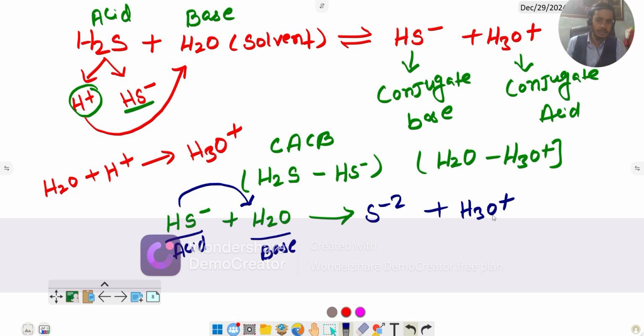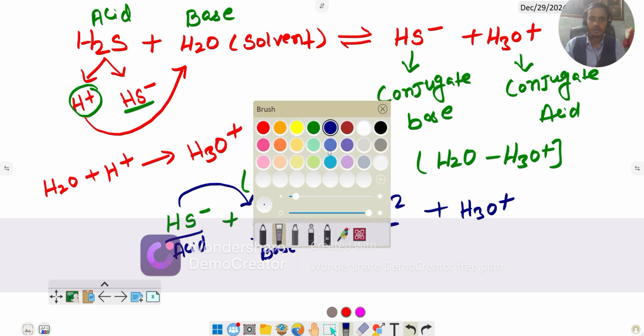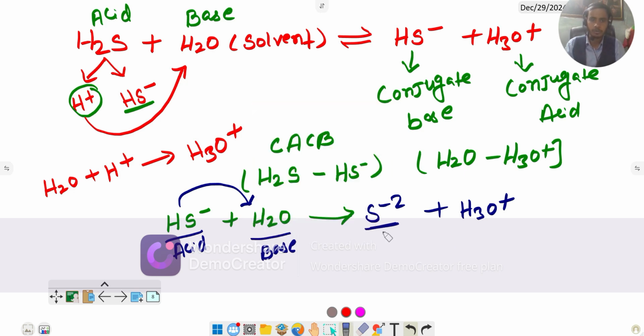And again H3O plus ion. So again, as I told you, dear students, after donating the H plus ion from the acid, the remaining part, that is S2 minus, is known as the conjugate base.